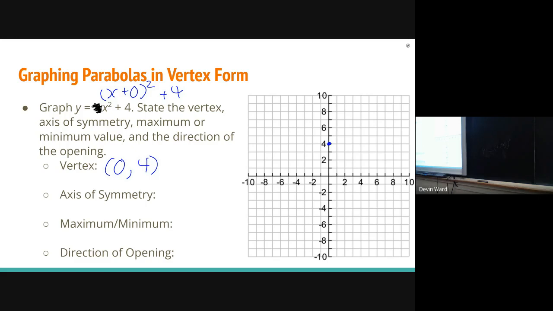Negative 1, negative 3. So negative 1, negative 4. And do a minimum. One, 3, and 5.